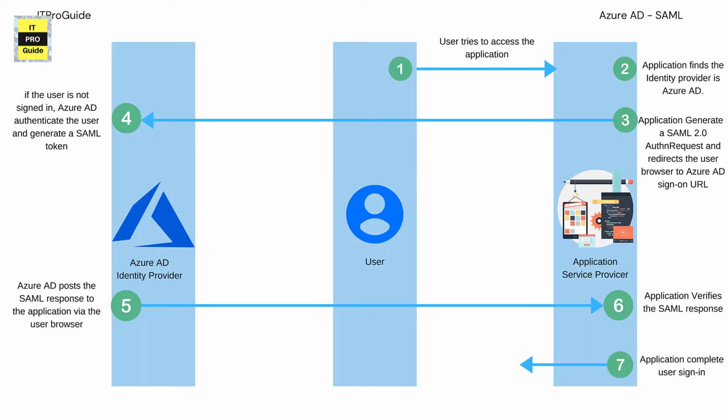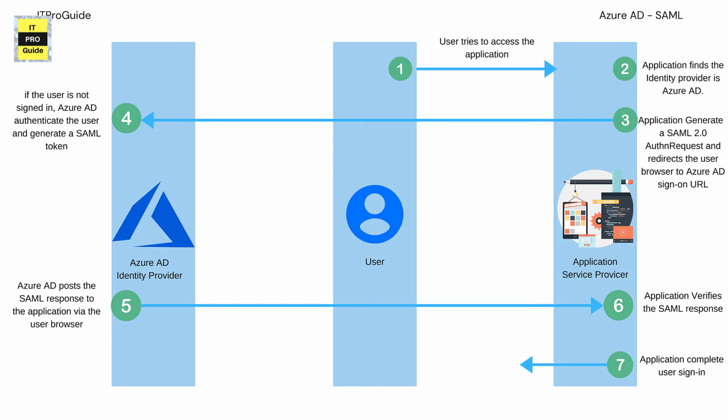Now you saw the user experience and the single sign-on flow with SAML and Azure AD. Let me try to explain it with this flow diagram. The first step is the user tries to access the application, that is Dropbox here, and the application finds that the identity provider is Azure AD.